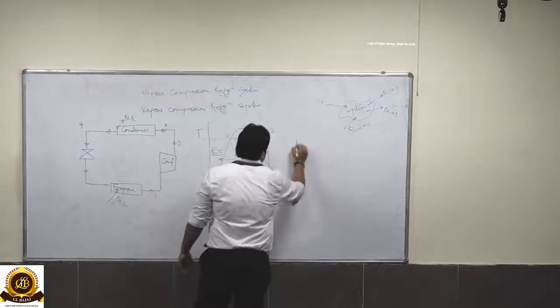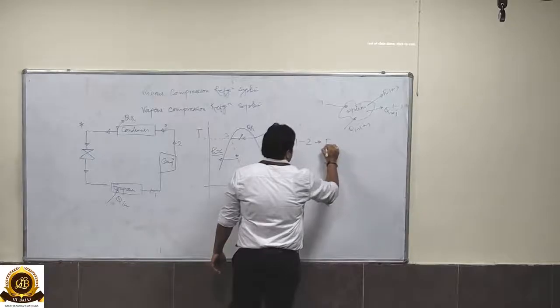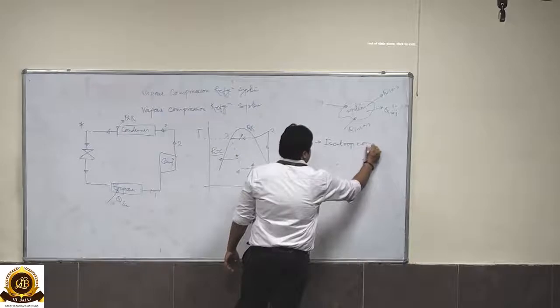So the process differs. 1 to 2 remains the same, which is isentropic compression.